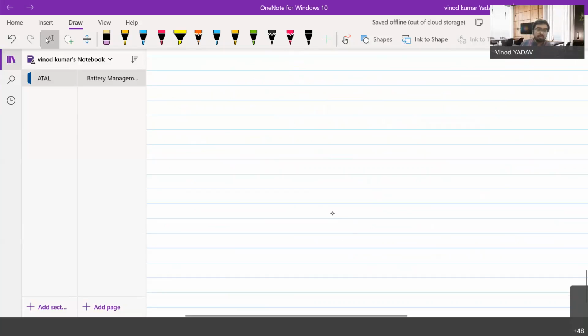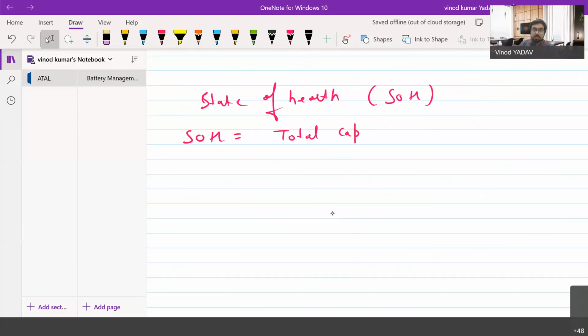So next I am coming to the parameter state of health, that is SOH. So basically SOH is the total capacity of the battery pack divided by the beginning of life capacity.